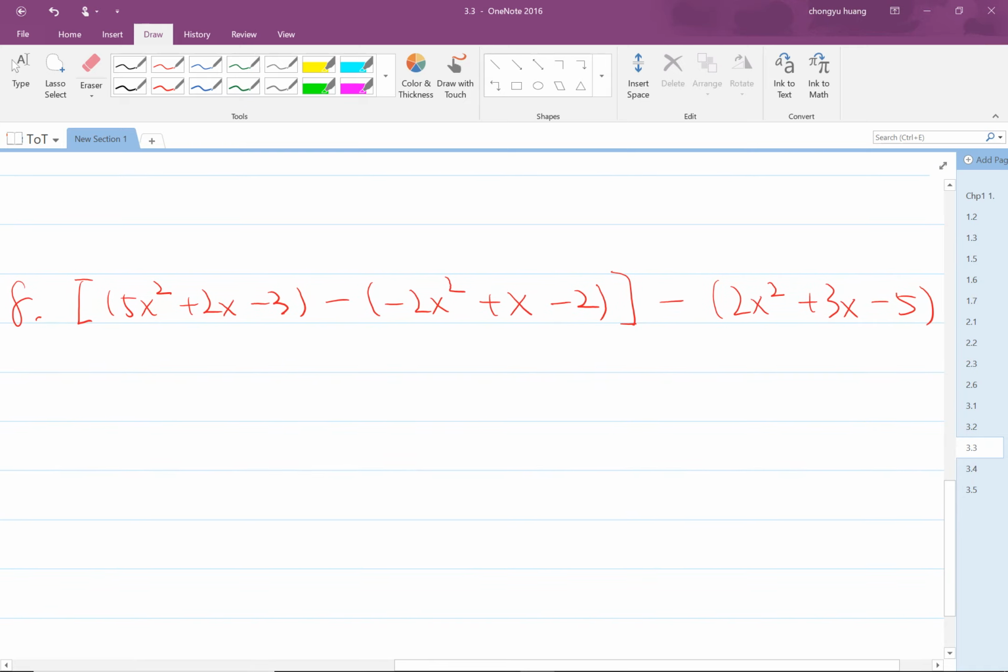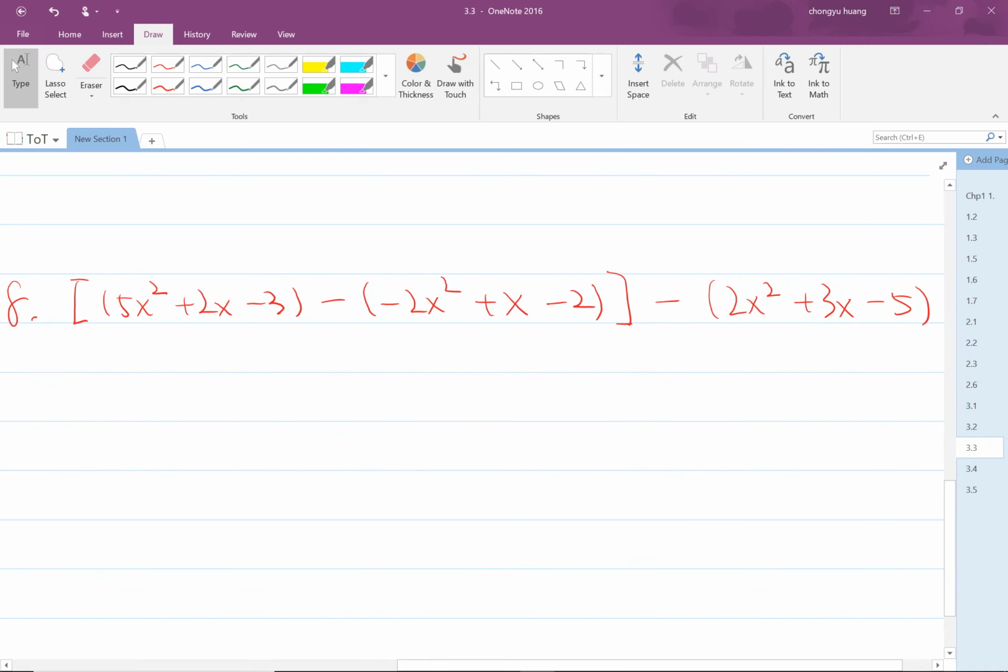Question 8. You look at it, we have to take the thing out of the bracket first in order to do the subtraction and the addition. You see over here we have those really big brackets. So we have to do the thing inside first.